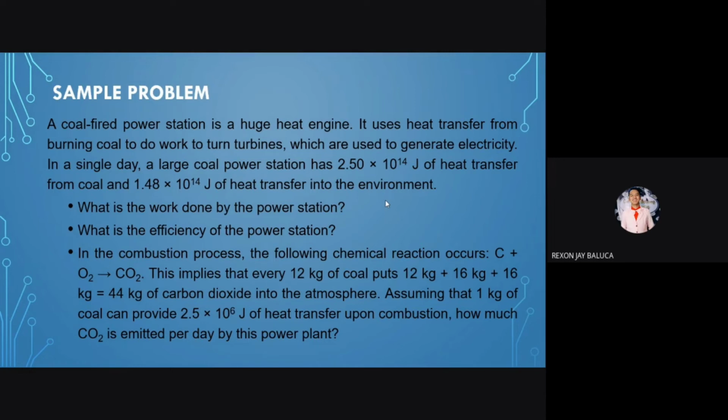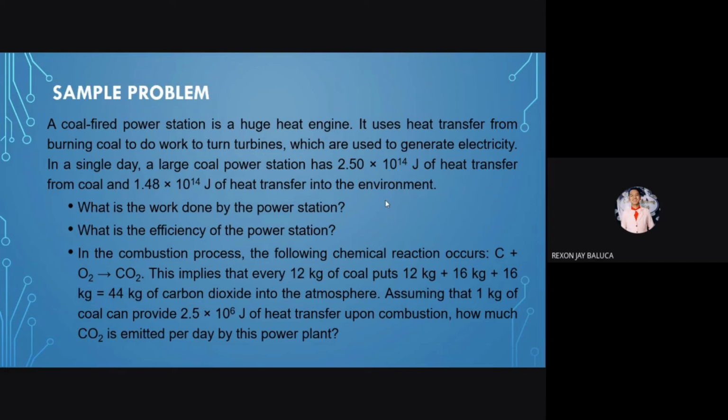And our sample problem 1C is a different part. The following chemical reaction occurs: C plus O2 yields carbon dioxide. This implies that every 12 kilograms of carbon plus 16 kilograms plus 16 kilograms equals 44 kilograms of CO2.